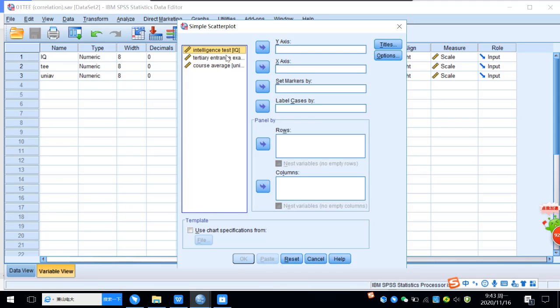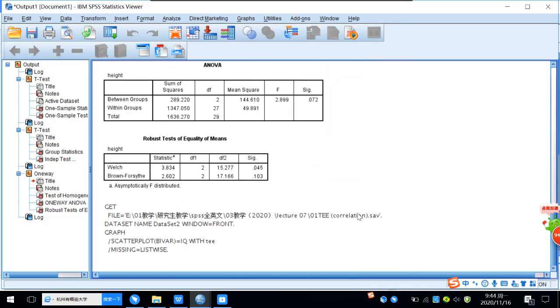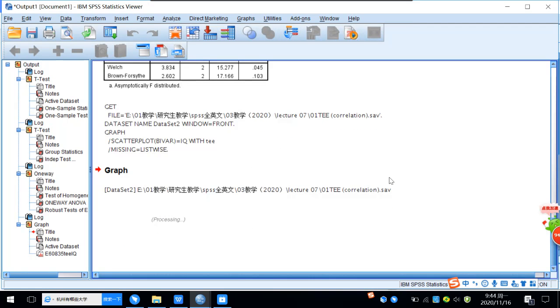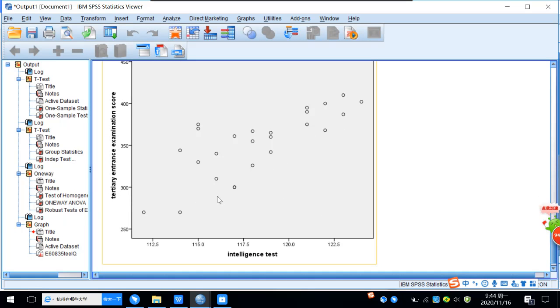So here is IQ, ITT. We want to see if they have linearity. Okay, I think all of you have the correct scatter plot, right? Yes, I can see that here.